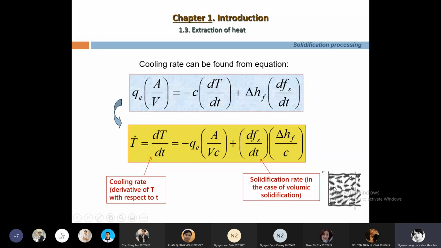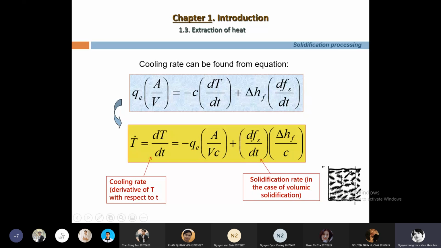If the solidification occurs in the entire volume, we have a lot of crystals embedded in the liquid. It's volumic.